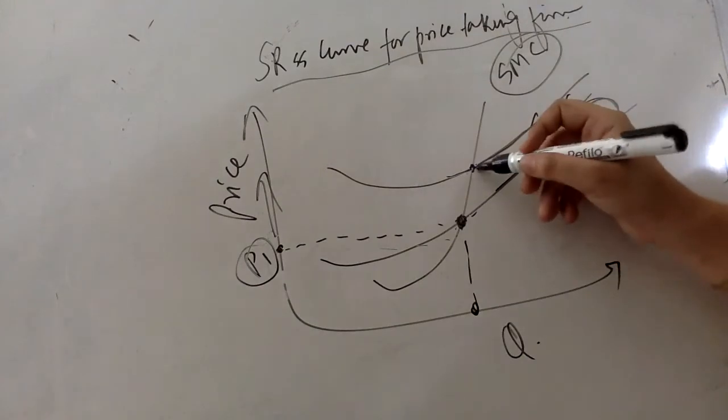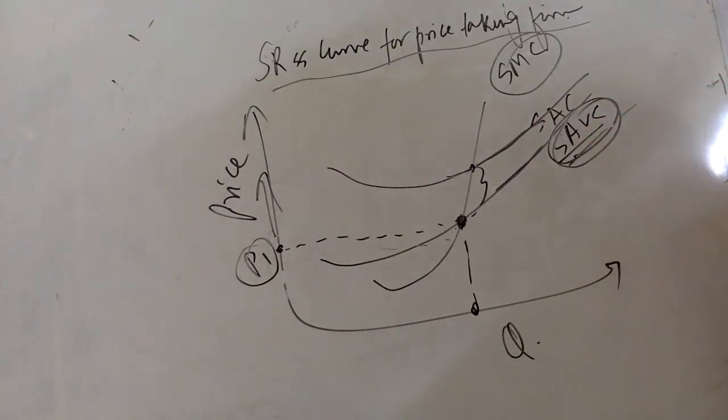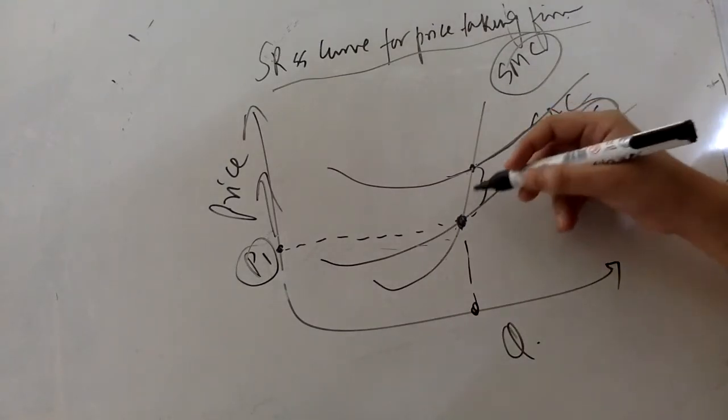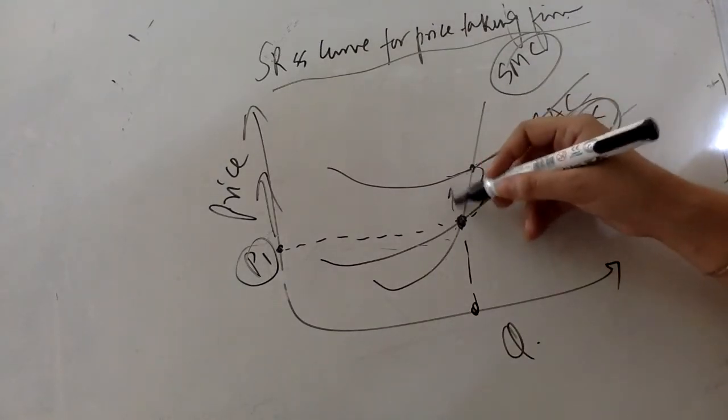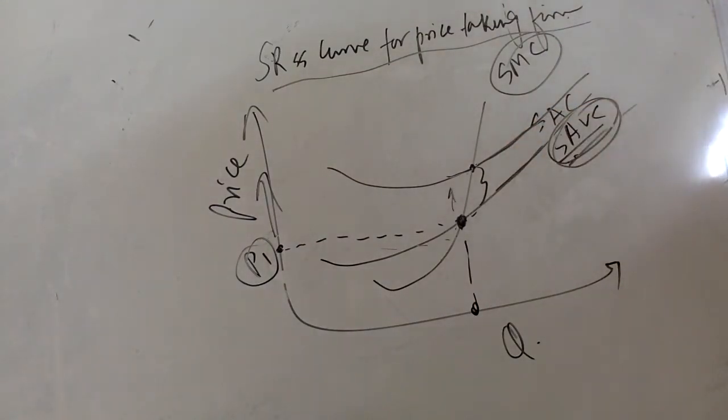The difference between short-run average cost and average variable cost is the average fixed cost. If not the average fixed cost, at least on average we should be able to cover the variable cost here. The average fixed cost will get covered as we move up in terms of prices, but this is still preferable for the suppliers. They will still choose to produce in this region.